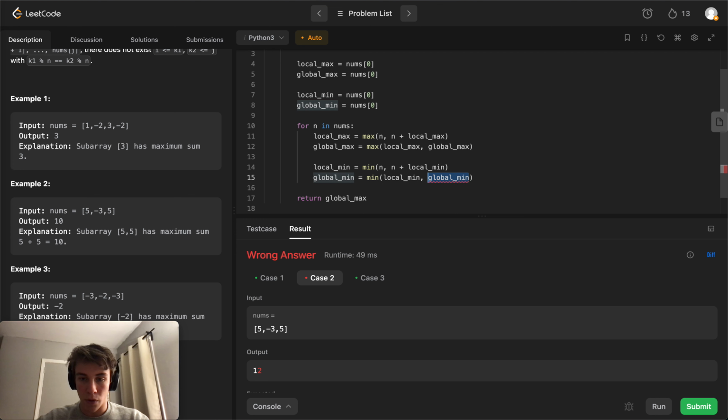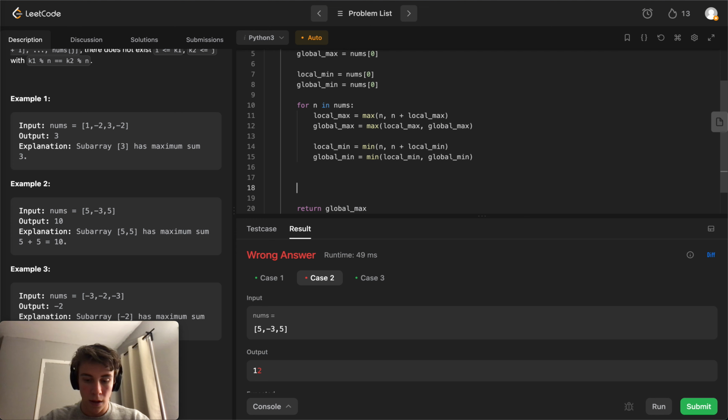And at this point, the only thing that we have to do here is have s, the sum of the total array.